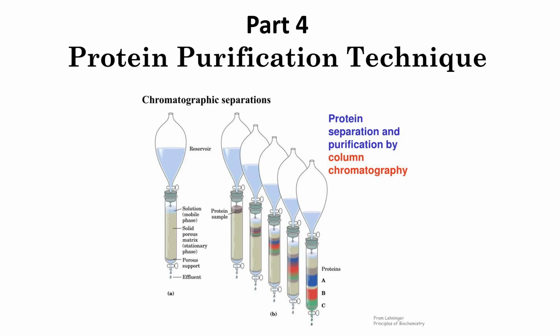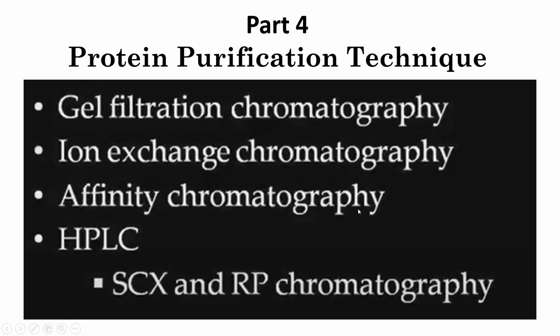One of the techniques is chromatographic separation. So this is a column protein separation wherein there is a solid porous material, there is a mobile phase, and when you add your sample, depending upon the affinity between the solid phase and the mobile phase, like the stationary and the mobile phase, and depending upon the type of mobile phase you are using, accordingly those proteins can be separated, and you can get a purified protein out of it.